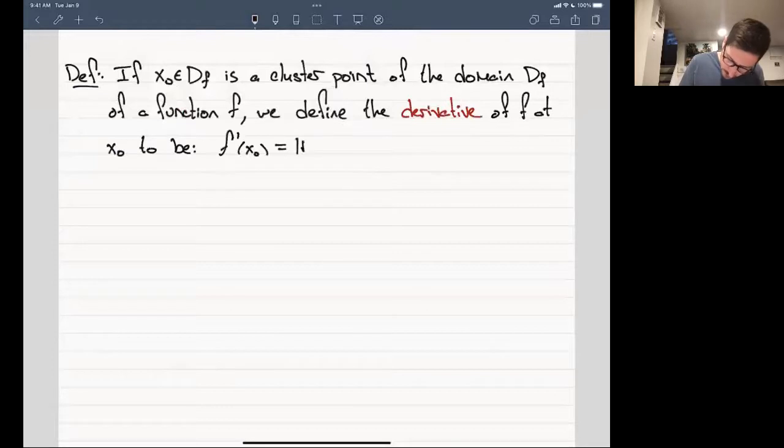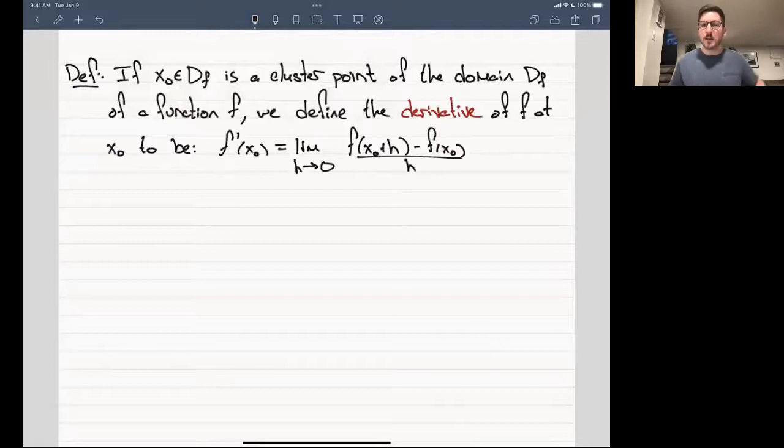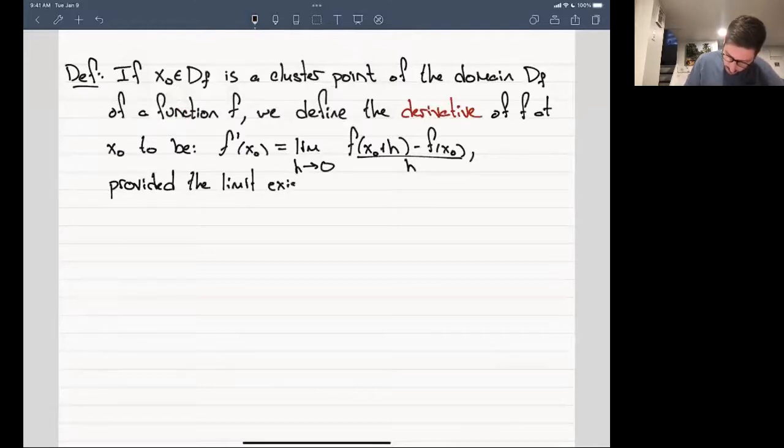This is the limit as h goes to 0 of f of x0 plus h minus f of x0 divided by h. We can probably write this in our sleep. We've seen it so many times. And of course, this is provided the limit exists.